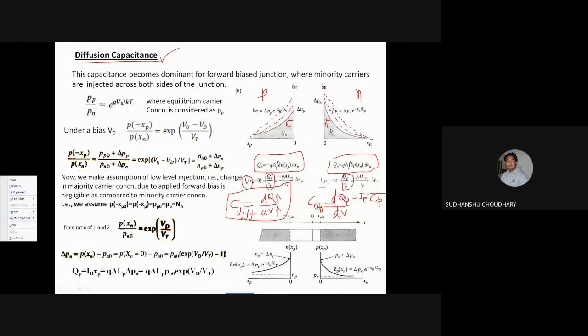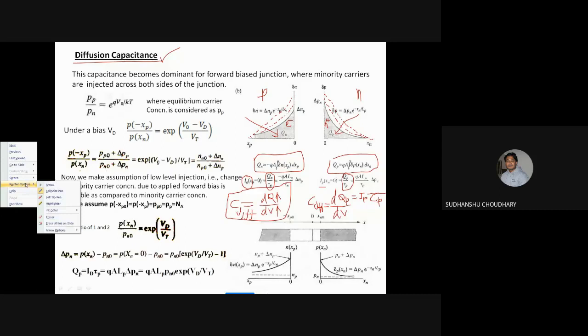Similarly, the diffusion capacitance from the other side can be calculated, and the total diffusion capacitance will be equal to the sum of the diffusion capacitances from the two sides.